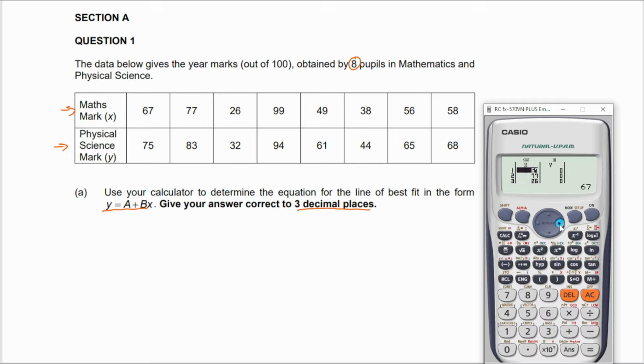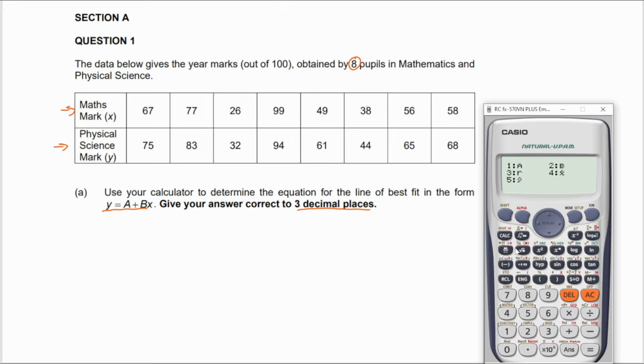Then let's move over to Y. We have 75, 83, 32, 94, 61, 44, 65, and 68, and again it's 8 over there. Now we press AC, then Shift and 1 for stat, and 5 for regression.